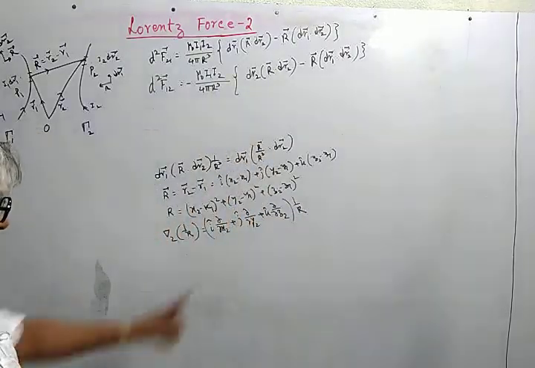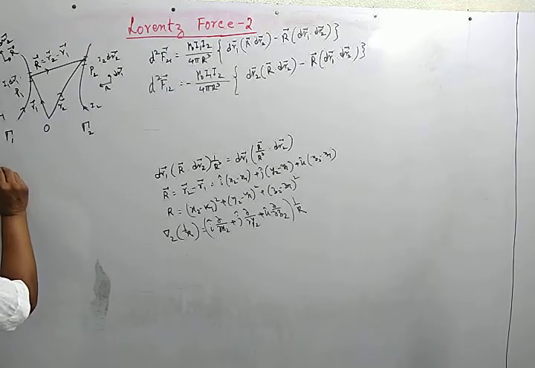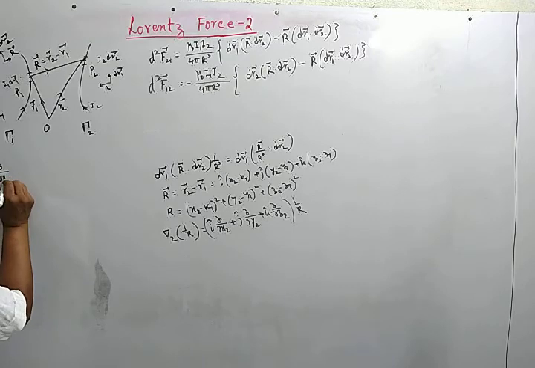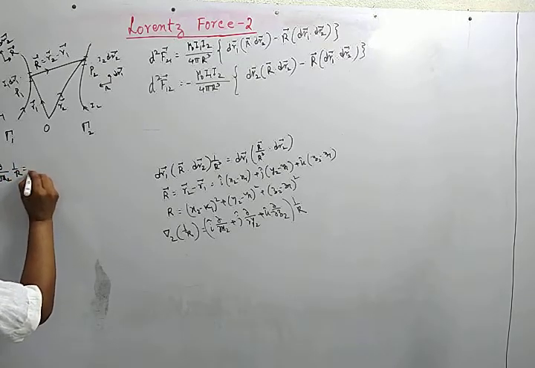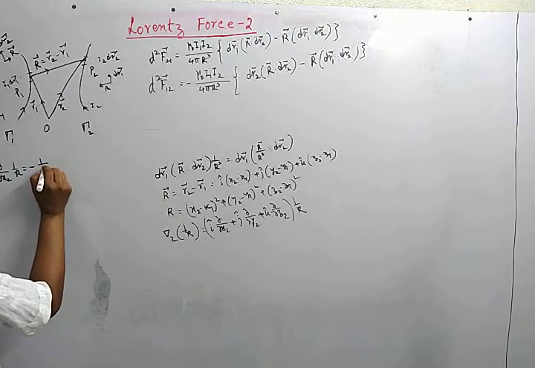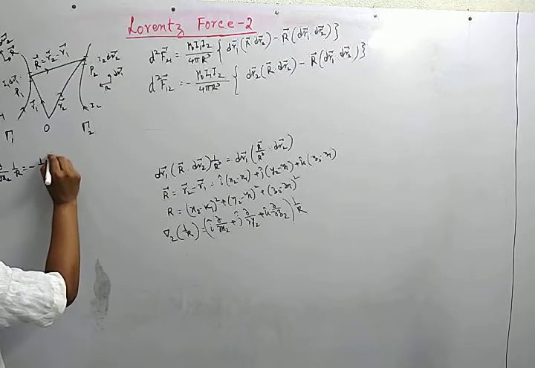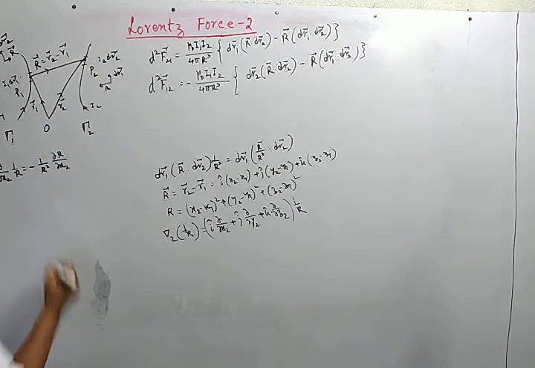If we consider the first term only, del by del x2 operating on 1 by r is equal to minus 1 by r square del r by del x2.